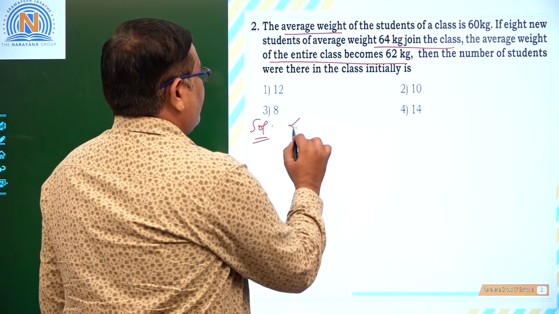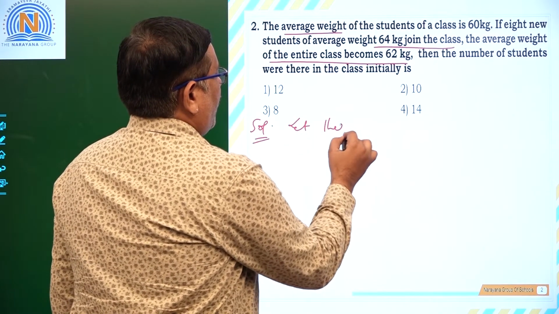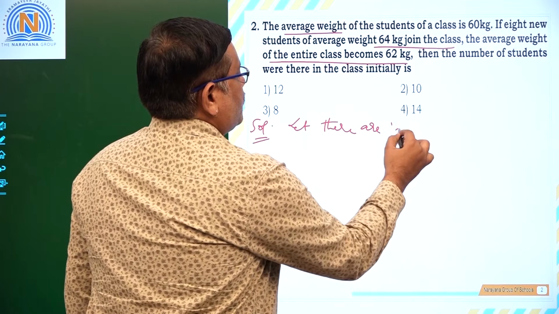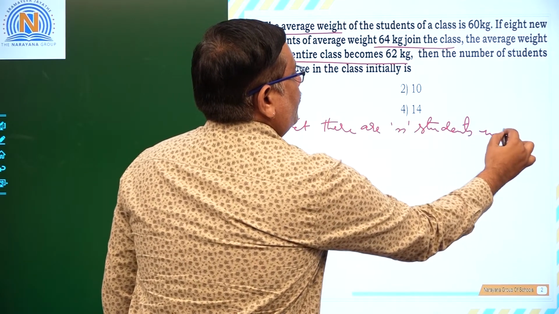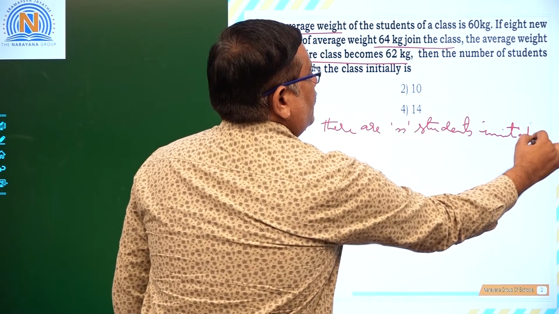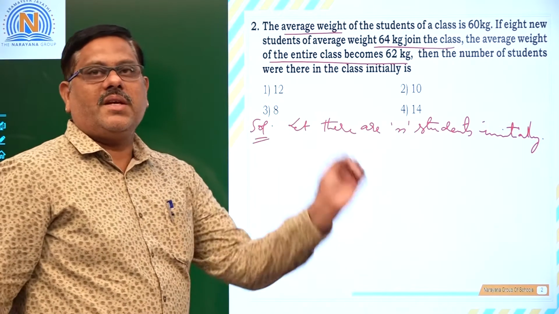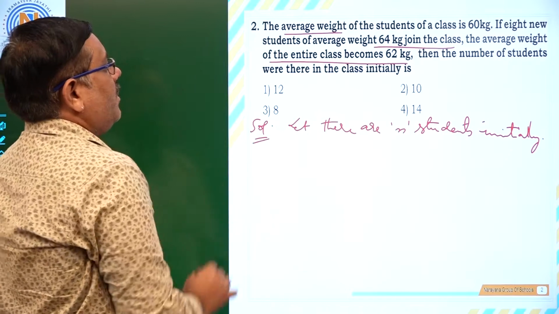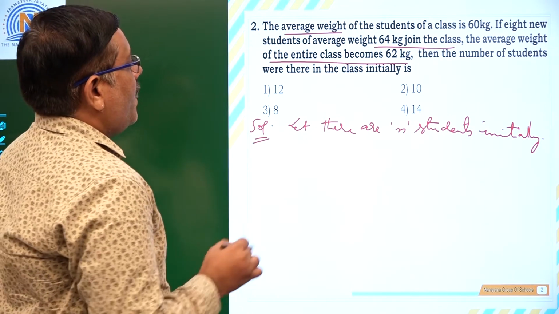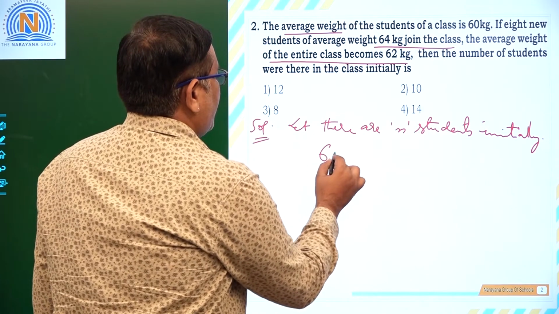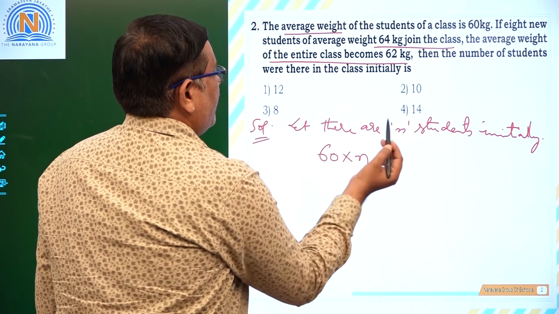Okay, there are n students initially. According to the statement, average weight of the students of a class of 60 kg means if at all you take 60 times of n, that is the total weight.